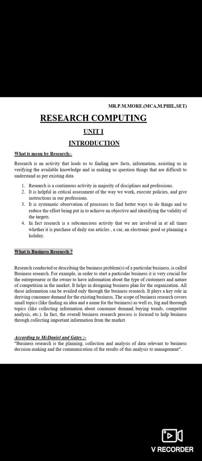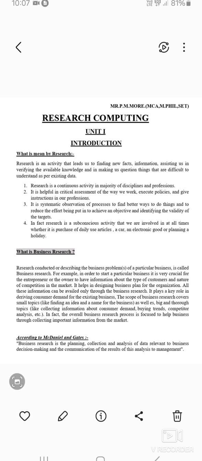Research is a continuous activity in the majority of disciplines and professions. Second definition, it is helpful in critical assessment of the way we work, execute policies, and give instructions in our professions. It is also a systematic observation of process to find better ways to do things and to reduce the effort being put to achieve an objective and identifying the validity of the target.